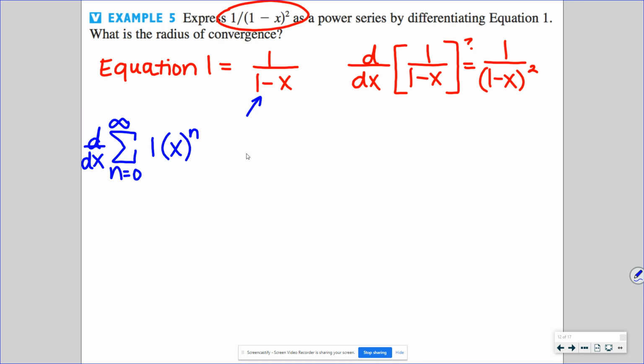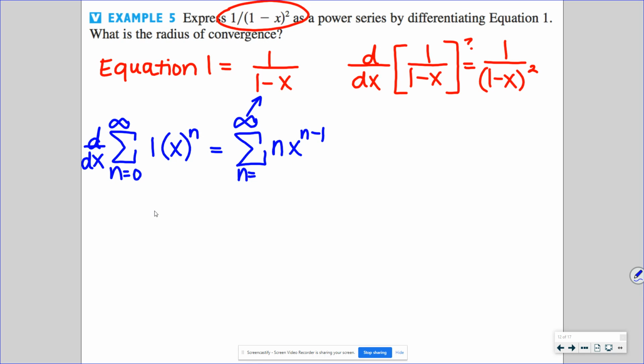Okay, how do you take the derivative of this? Well, it's the same way you take the derivative of anything else. Okay, watch me. You move the power to the front, and you subtract 1 from the power. Isn't that how that works? Now, when you take a derivative, don't you typically lose a term?